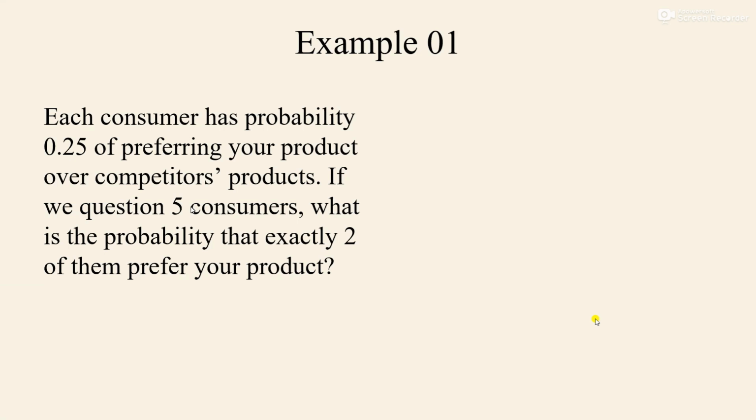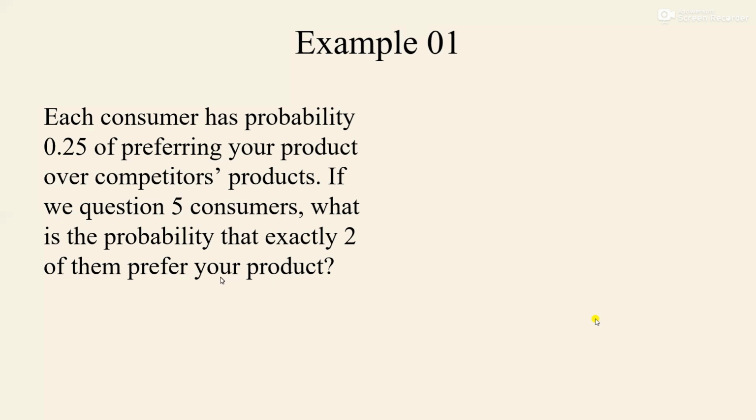So the answer will be yes or no. If they prefer our product, yes. If not, then no. So there are 2 outcomes. Similarly, we take 5 consumers and ask whether they prefer ours or the competitor's. Then what is the probability that exactly 2 of them prefer your product?